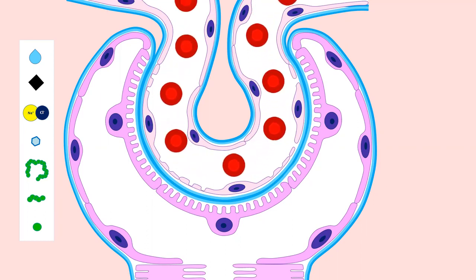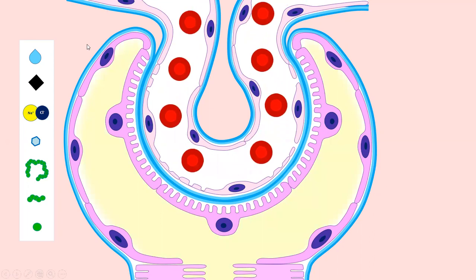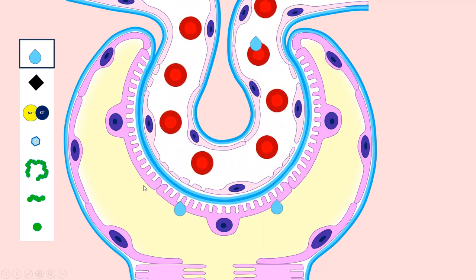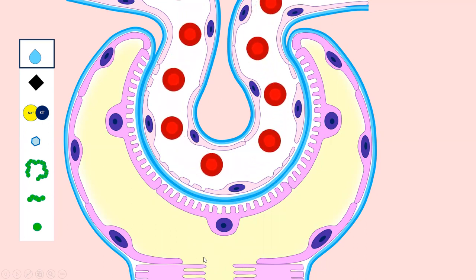So first of all, we have blood here. We have water, which is the main component of blood plasma. And here we can see that some amount of water comes here, and some amount goes to the efferent arteriole, but other parts of the water pass through the filtration barrier easily, and go to the proximal convoluted tubule.